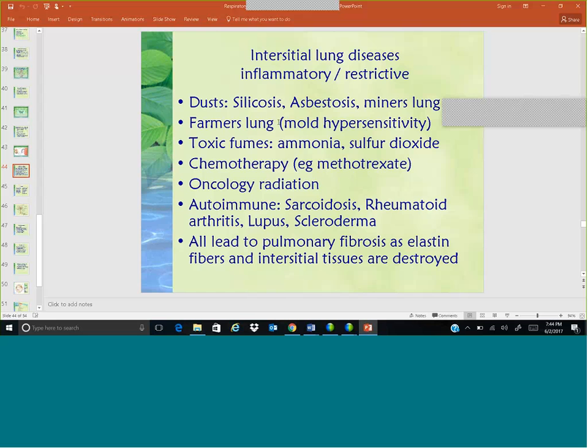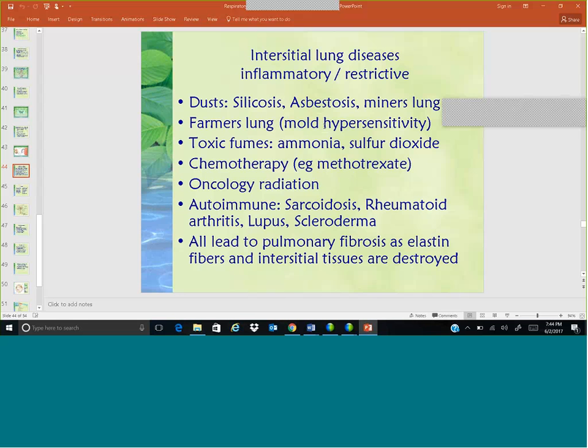What about the people that worked in glass factories and had mesothelioma and breathed in a lot of the different dust and glass spores? Farmer's lung, mold. They have hypersensitivity to mold. If there's in those grain, I can't remember what they're called, but the things that hold the grain, a lot of times that has mold in it.